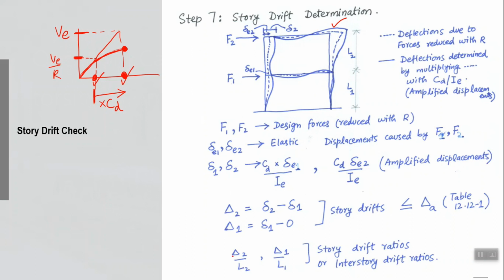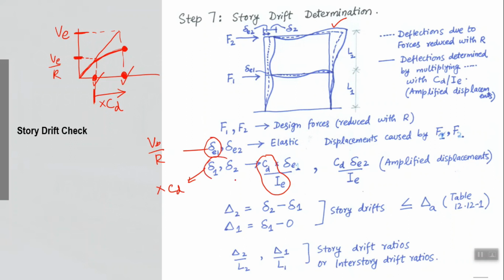So here you see some notation, for example, small delta E is the deflection due to the elastic forces, reduced forces, and when you multiply with CD over I, it becomes delta 1 or delta 2, which is the actual non-linear deflection. So this is based on VE over R, and this is after multiplication by CD, right?